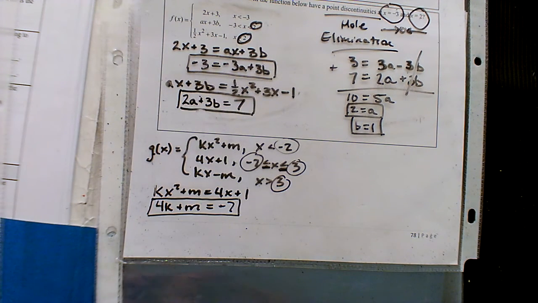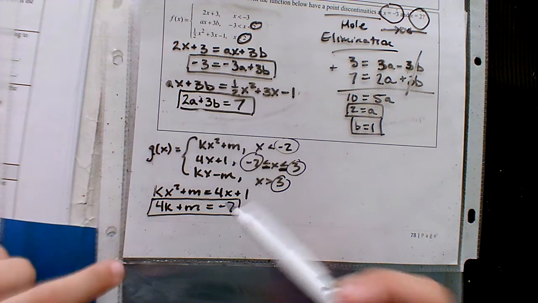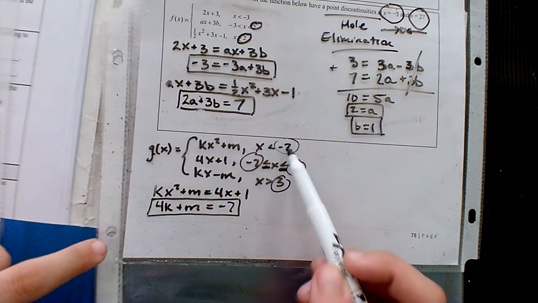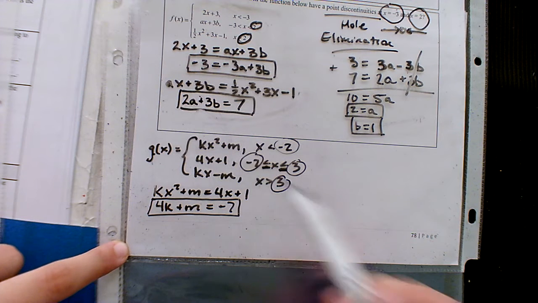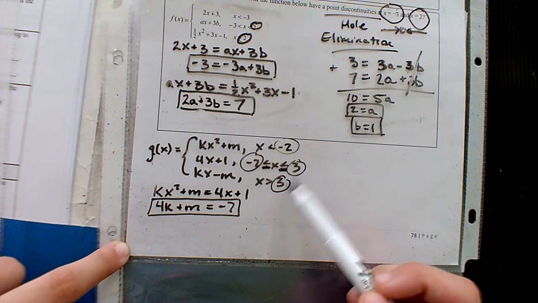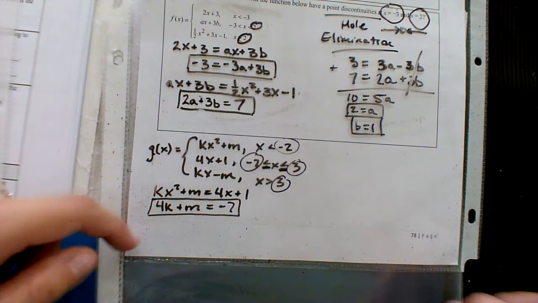So there's one equation we can use, but notice how it has 2 variables. So we have to figure out another equation. That way we can utilize substitution or elimination to figure out what our variables are. If this equation has to be true for the -2 location, maybe we can find another equation that has to be true for the 3 location.